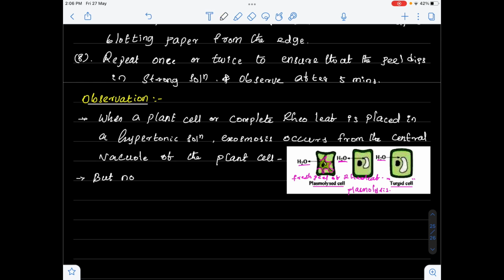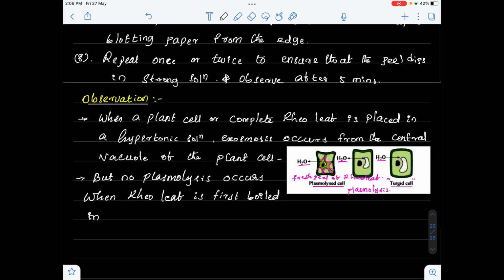No plasmolysis occurs when the rheo leaf is first boiled in water for a few minutes and then placed in hypertonic solution.